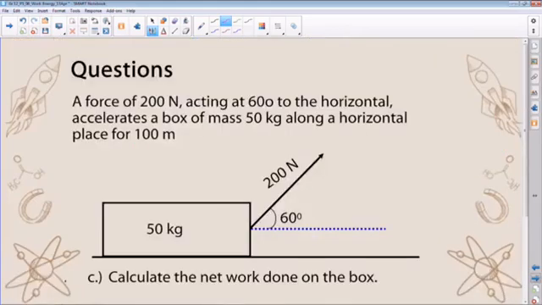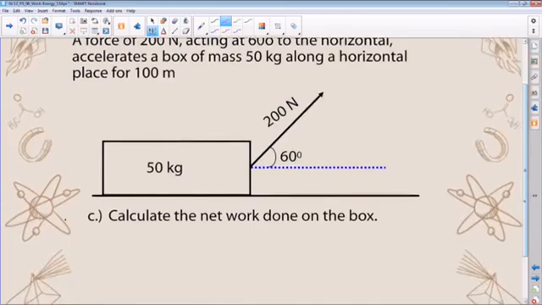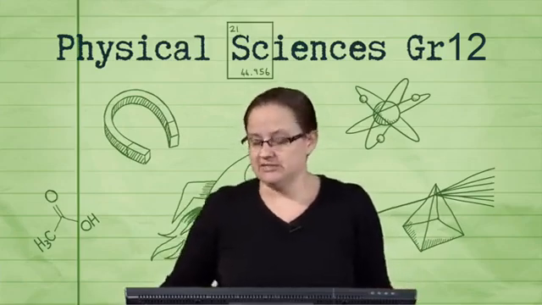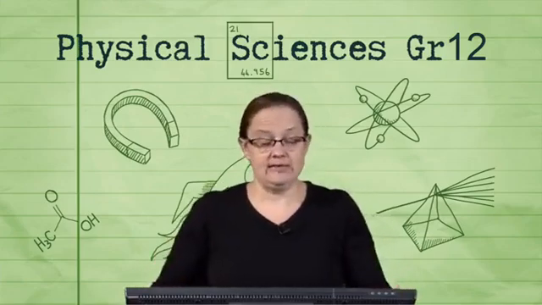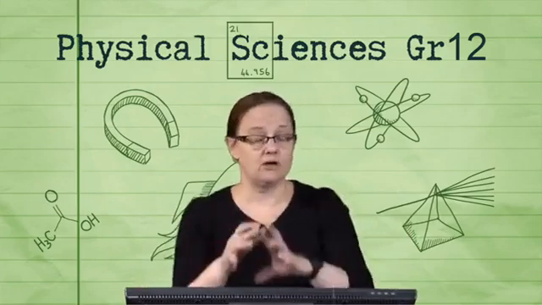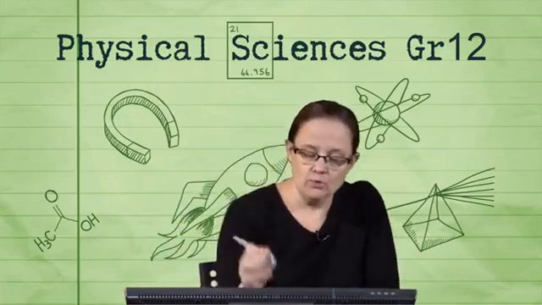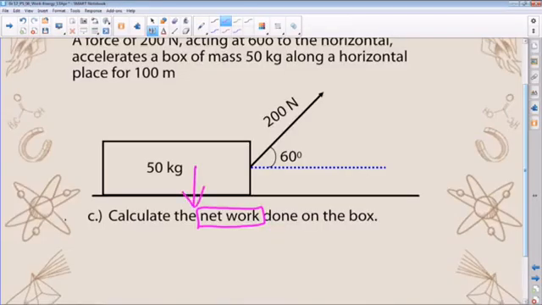Now we say to you, calculate the net work done on the box. Now I want to show you there's two ways. The first definition of calculating net work that we did said that we can calculate net work by looking at the work done by all the forces and adding them all together. So we've done gravity and friction, and we worked out all of those.